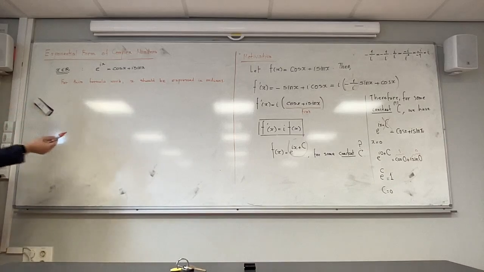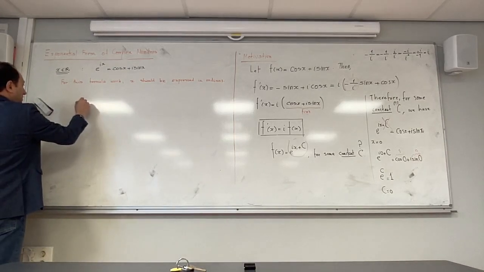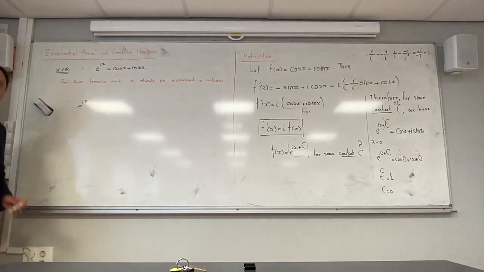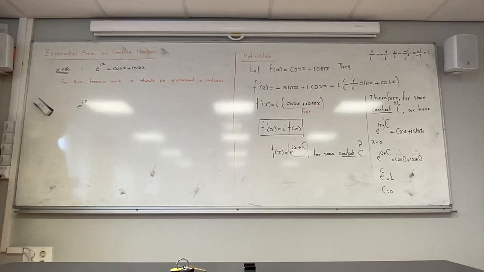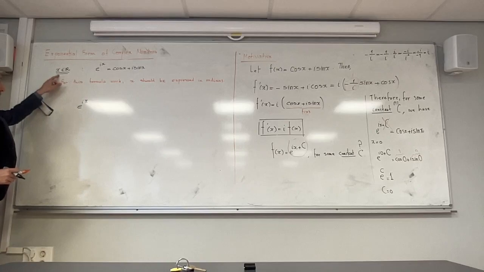Now, as Rocco mentioned, let us calculate e to the power of i times pi. You compare this one with this one. Is the Euler formula applicable here?